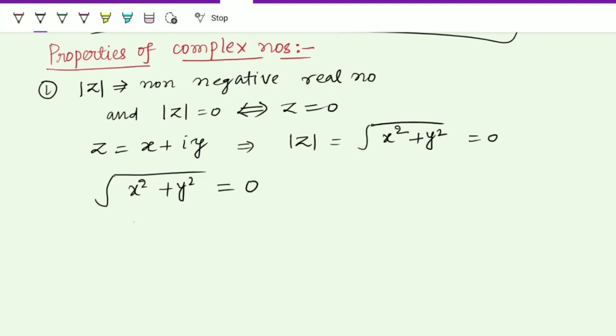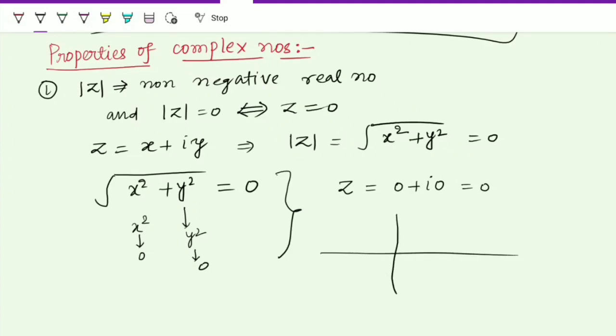Since a square of any number cannot be negative, x square will have to be 0 and y square also has to be 0 to satisfy this relation. So the complex number z will be equal to 0 plus iota 0, that is equal to 0. That is, this complex number will denote the origin in the xy plane.